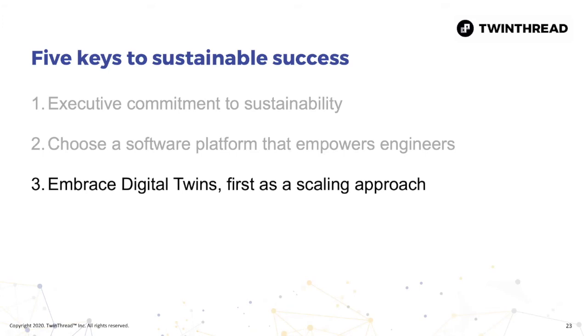The third point is embracing digital twins, and really you should think that the primary benefit of building digital twins and having a digital twin strategy around the equipment, and this could apply to a commercial building as well as it would apply to a complex manufacturing facility, is about being able to scale.